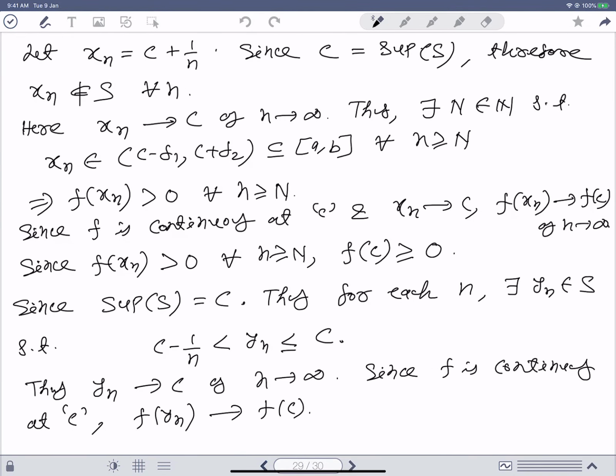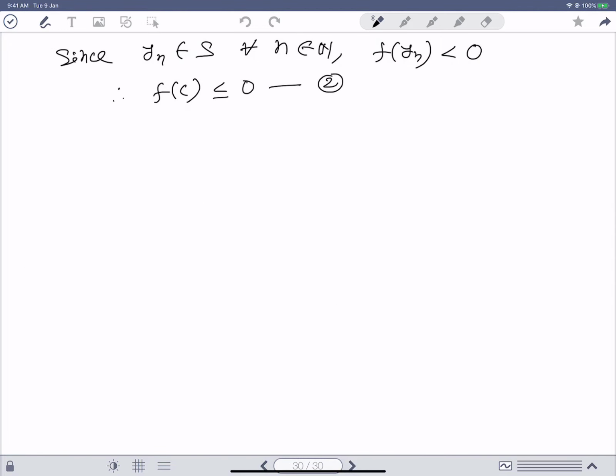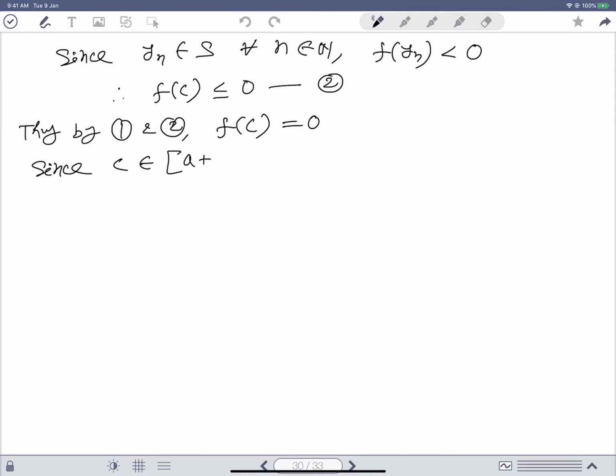Now here we had f of C bigger or equal to 0, and here we get f of C less than or equal to 0. So thus by 1 and 2 we get f of C equal to 0. Now since C belongs to the closed interval [a plus delta 1, b minus delta 2], which is a subset of the open interval AB, we are done. Okay, so this completes the proof.